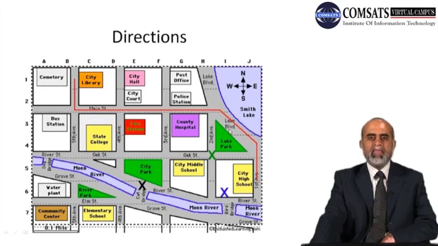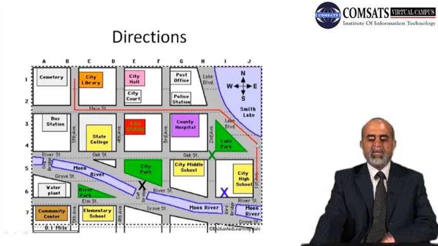Now, of course, this kind of direction is useful if we already have a map in front of us. But if the person is not familiar with the names of these streets, then this direction won't really be very helpful. So instead of using the names of Lake Boulevard and Main Street, what we can do is we can say go along this road, go straight ahead until you reach the lake park.